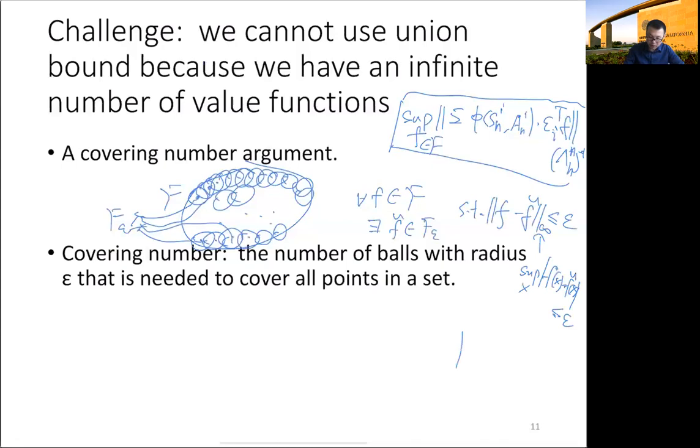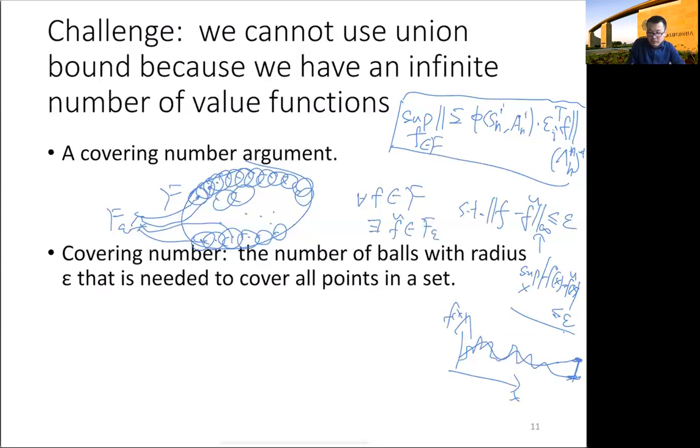For instance, if this is the function f, then f tilde can be a complicated function, as long as the largest gap between any two points on f and f tilde is bounded by epsilon, then this is fine.